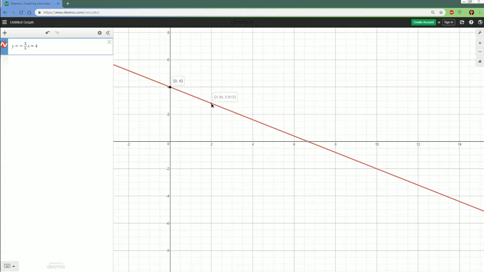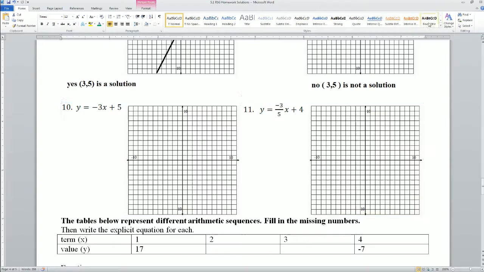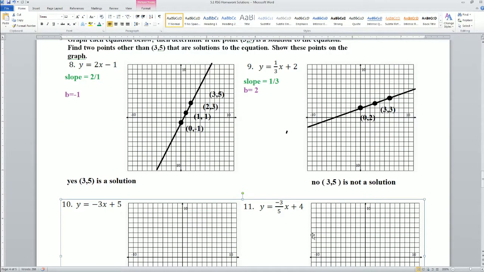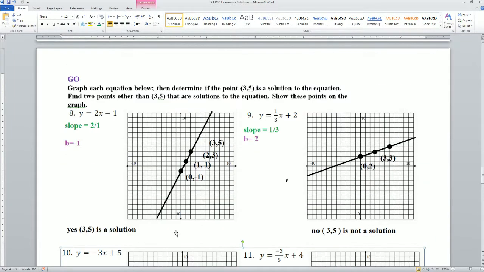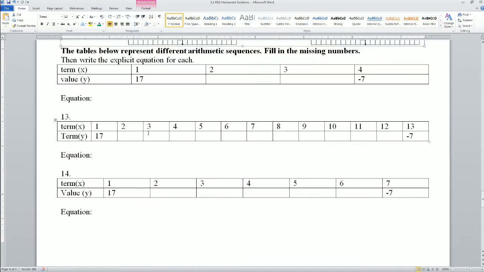Oh, that's a fraction. 3, 5. No, 3, 5 is not a solution. It's around 3, 2. So we'd say for these two, 3, 5 is not a solution. So 3, 5 is not a solution to this one or this one, nor this one, only this one.